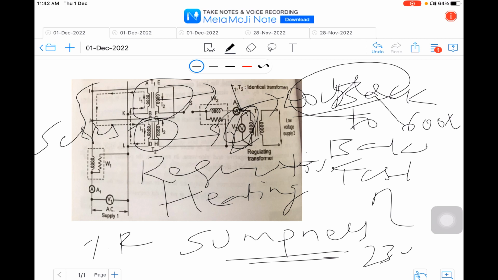Now, to check that the secondaries are connected in series opposition, the voltmeter across them should read zero voltage. If not, the secondary terminals will be interchanged. This is what we generally do if it doesn't read zero.